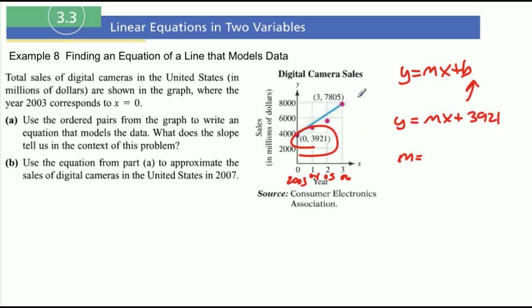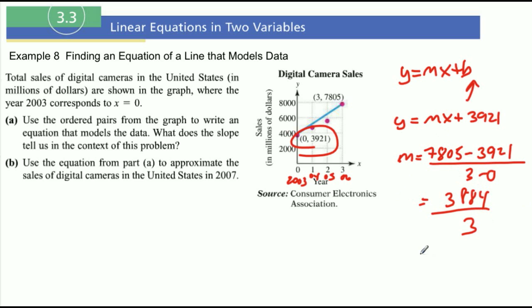So I'm going to subtract my y values. So 7805 minus 3921 all over 3 minus 0. So that's just simply 3884 all over 3. And if you divide that as a decimal, which actually we want right here, so that means we have some context so we can answer the rest of part A. We have 1294.67, and that's our slope.